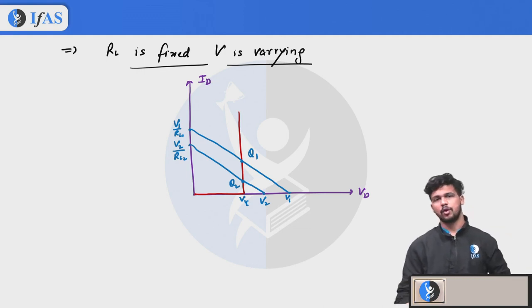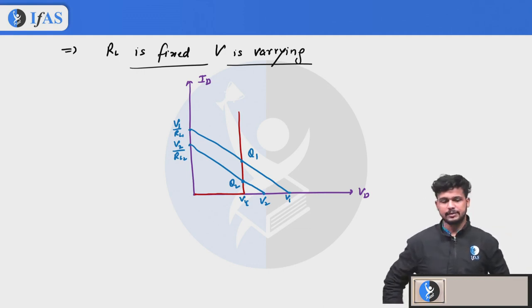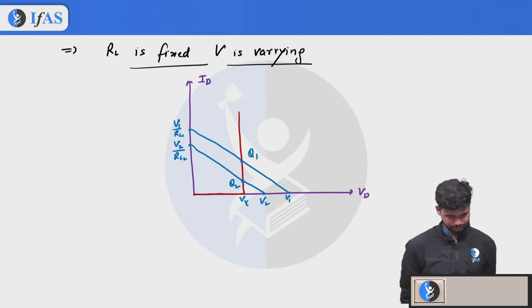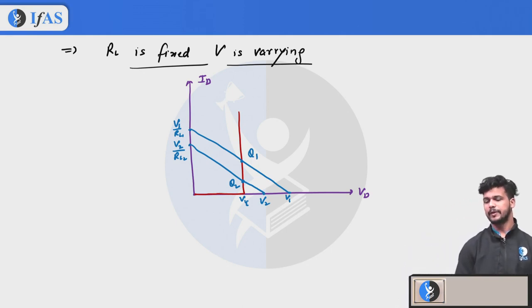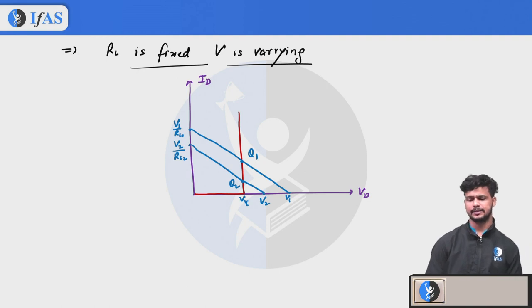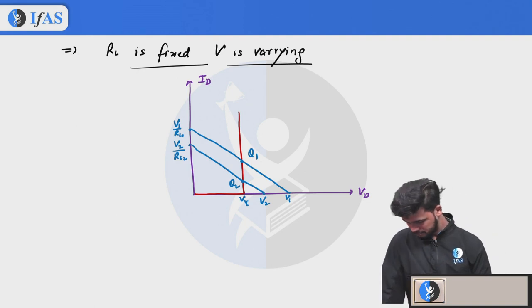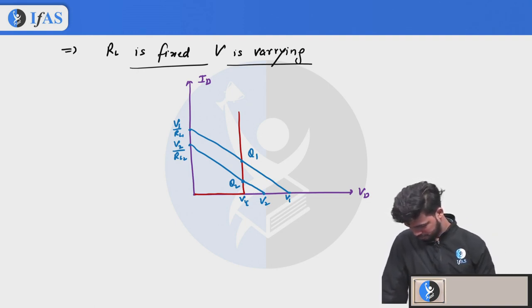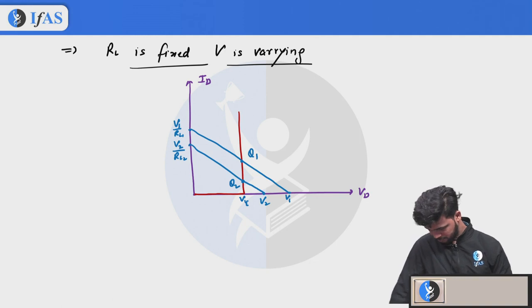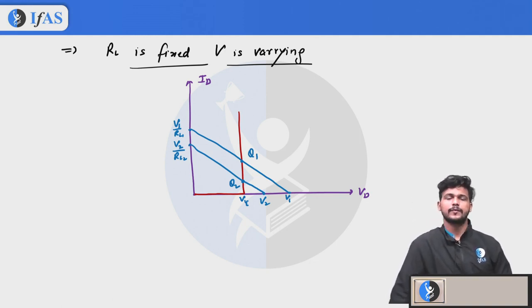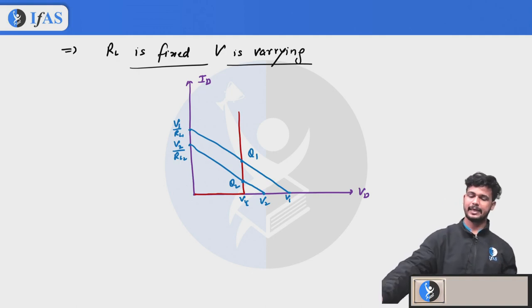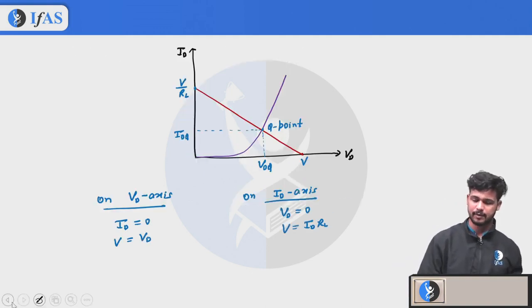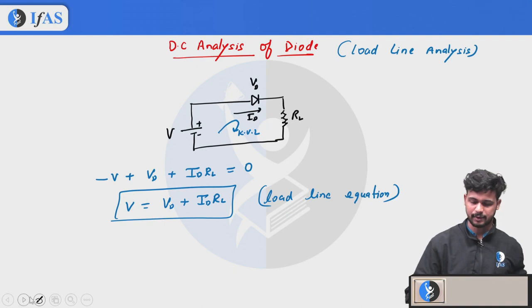So this is all about the analysis of the load line. So what we have done till now: we basically know the forward biasing generally in such a way like this.